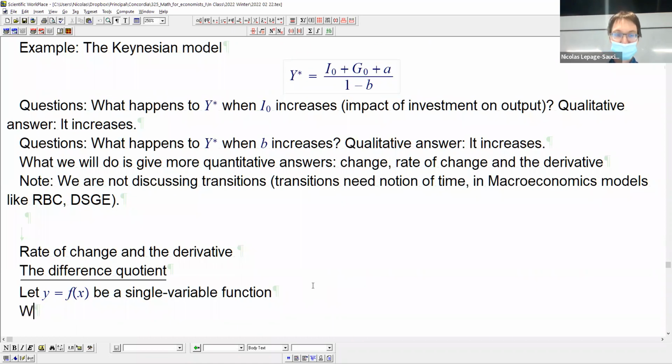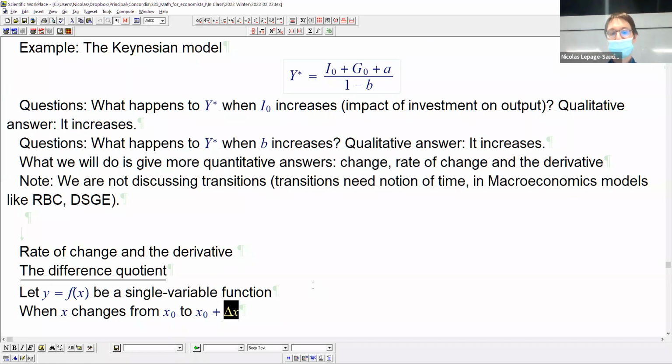Then when x changes, we're going to say it starts at some starting value x0, and it goes to another ending value, x0 plus delta x.